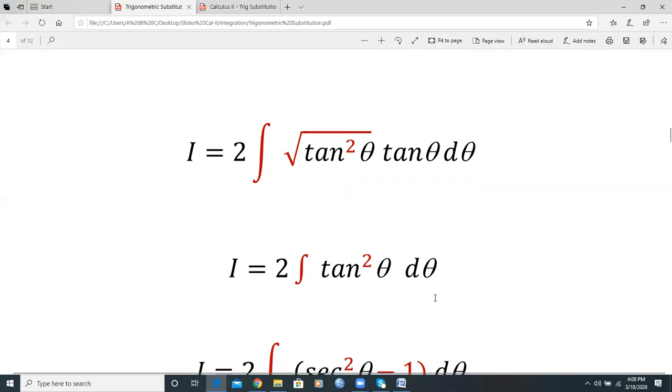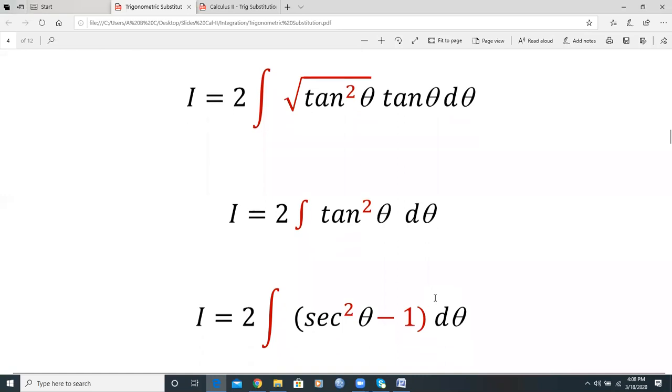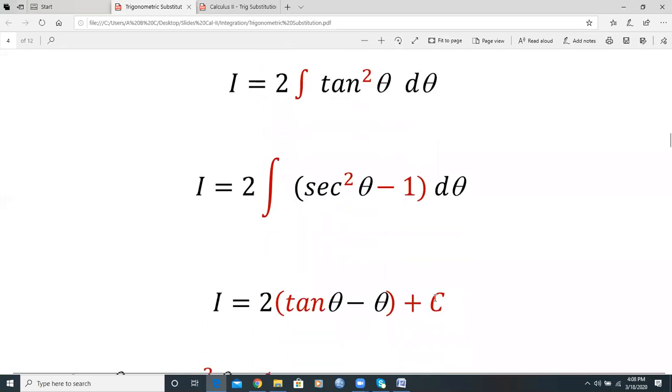However, the derivative of tangent theta is sec square theta. Therefore, we say the integral of sec square theta.